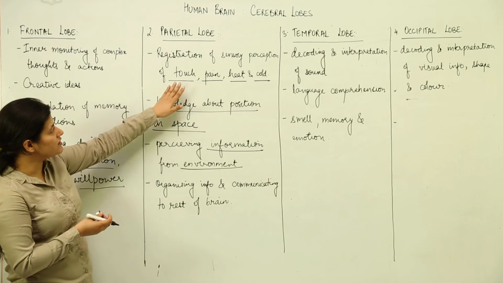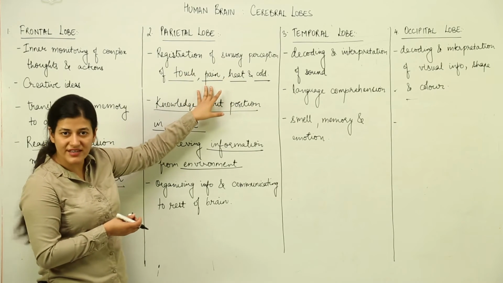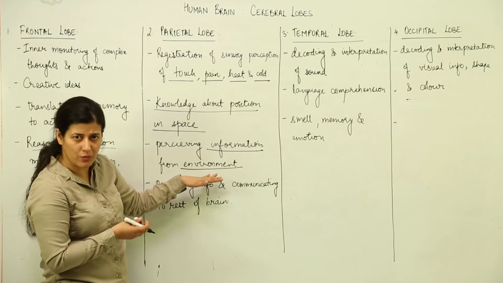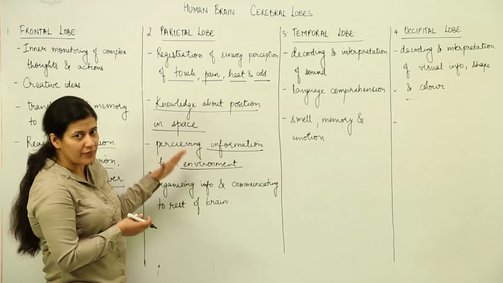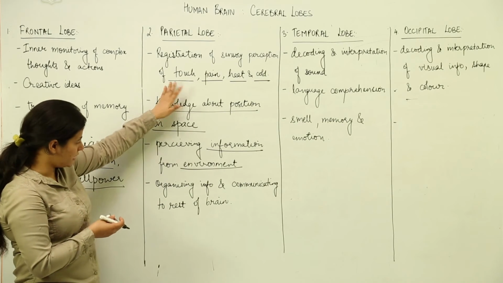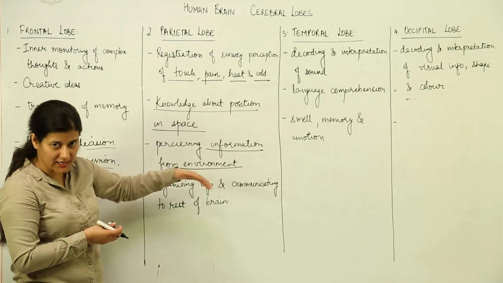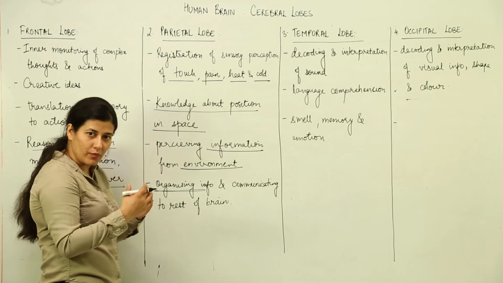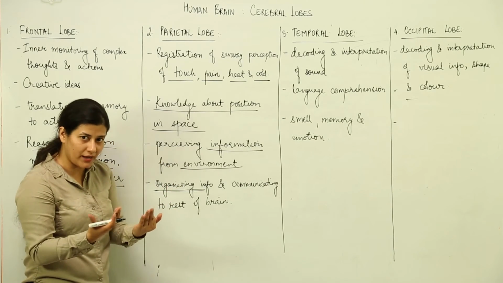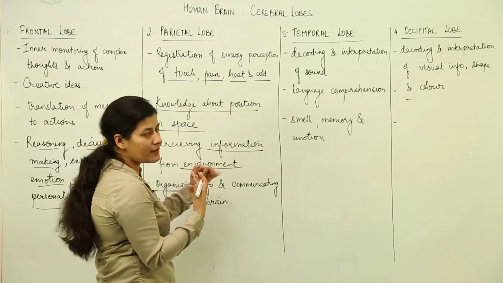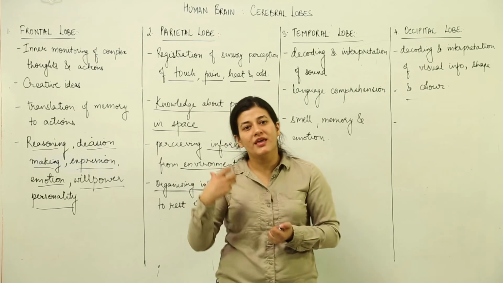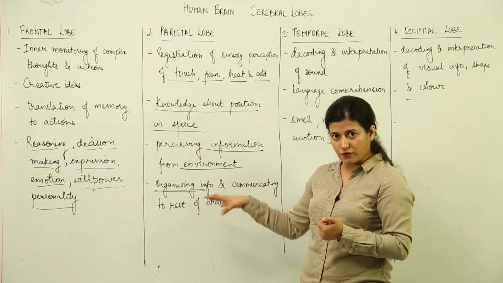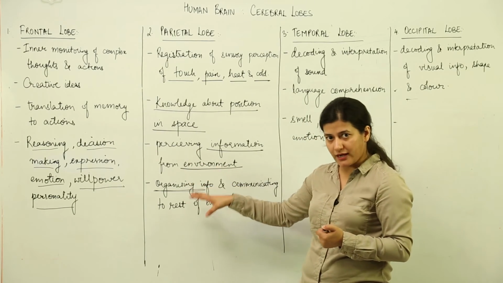That means, as we have discussed here, the sensory perception by various receptors is done by the parietal lobe. Perceiving information from the environment means a similar thing, because sensory perception covers this. And once the perception has taken place, this information has to be organized in a proper way and sent to the rest of the brain, where it gets processed, and that processing part of the brain would be the cerebellum, as we have mentioned.